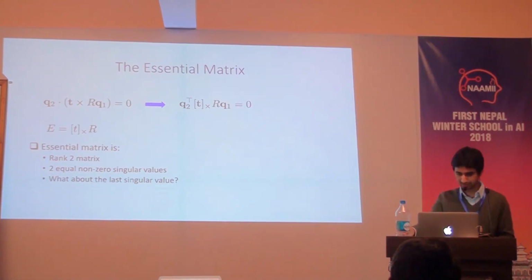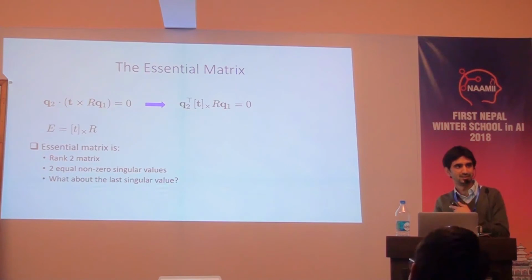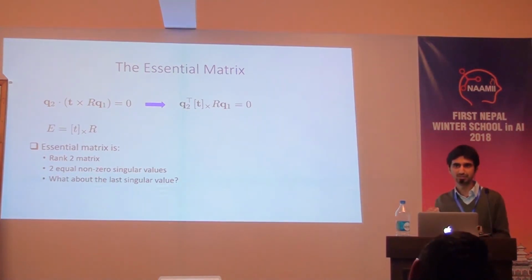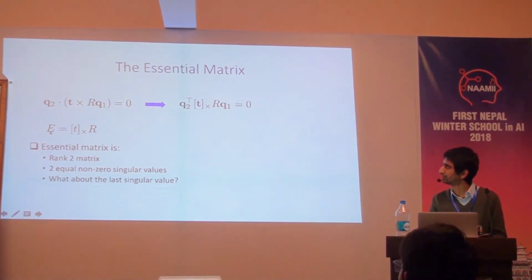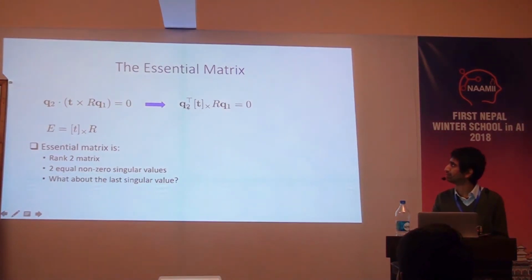Are you okay with this, or do you have doubts? We're looking for a relationship for all the pixels. The T and R are common for all the pixels in the camera. And what we gain is this relationship E equals Tx R, because this satisfies all the corresponding points, not just this particular corresponding point.